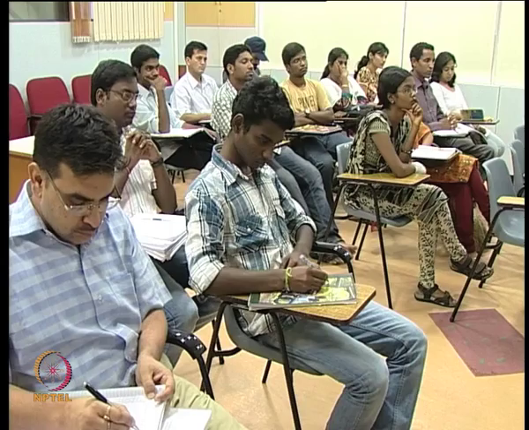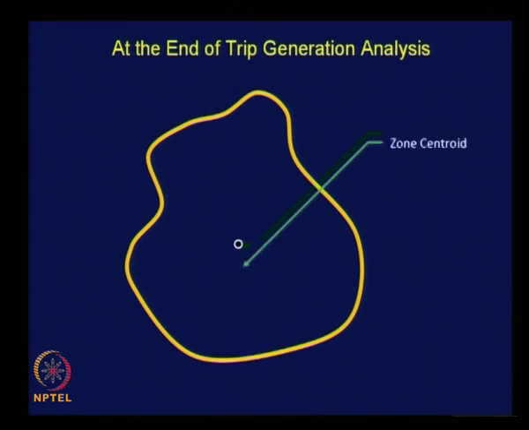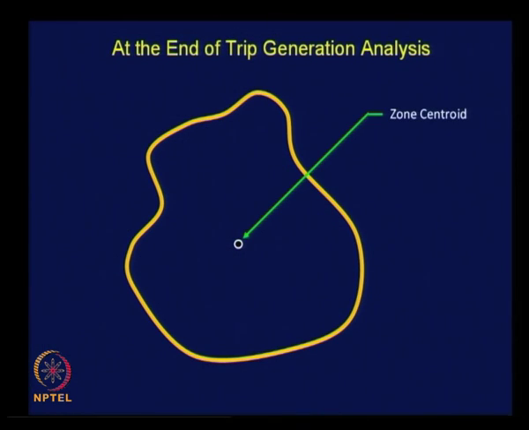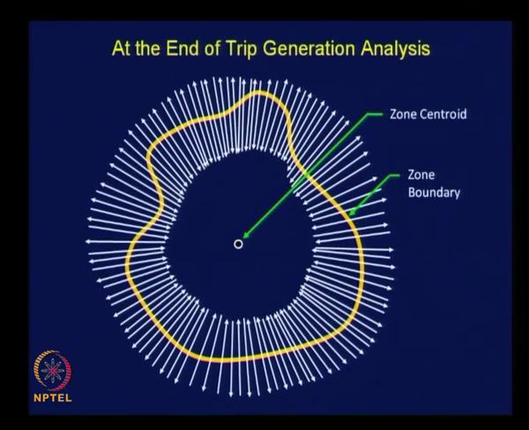And at the end of trip generation analysis, as I showed you earlier, this is what we actually had in respect of each of the traffic zones in an urban area. We just quantified the trip ends associated with each of the traffic zones. These trips are person trips, not vehicular trips.